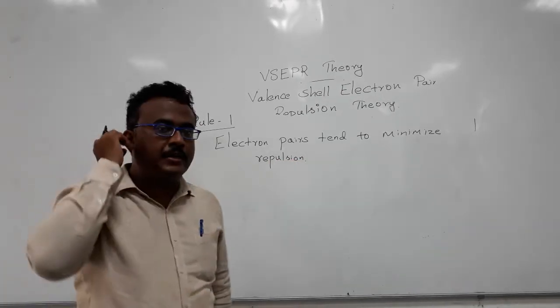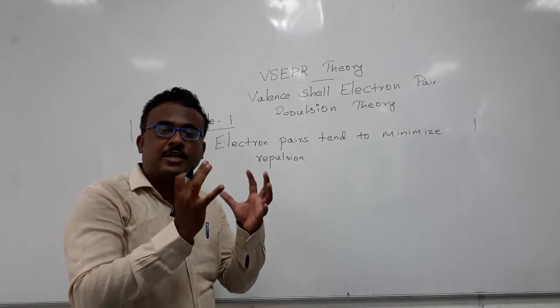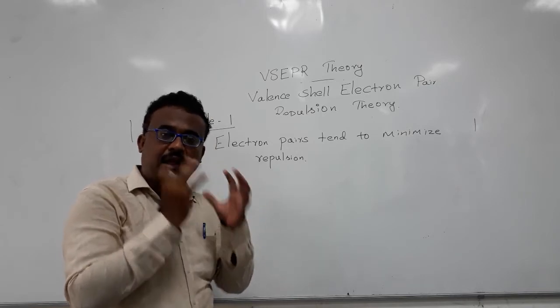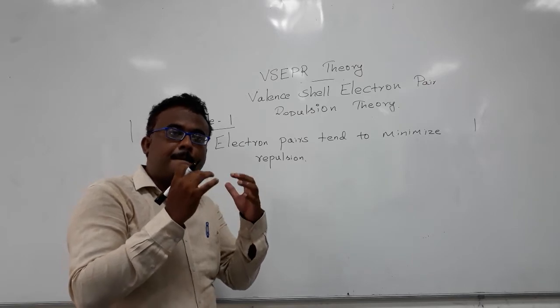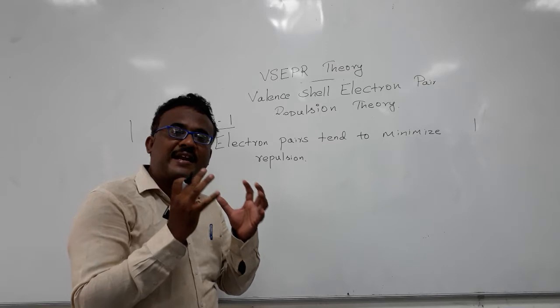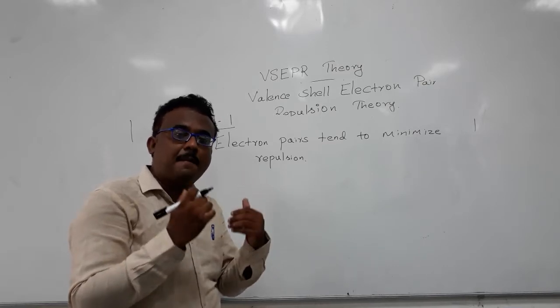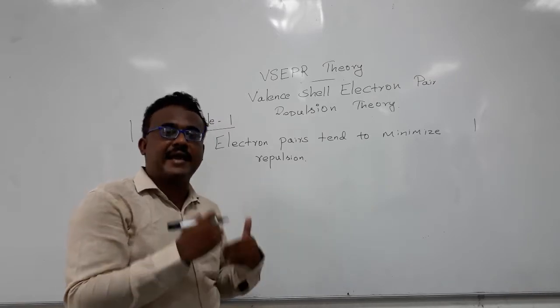Electron pairs tend to minimize repulsion. The overall preferred geometry of a molecule in the valence shell is the one in which the electron pairs present in the molecule maximize their distance apart and minimize their repulsion.